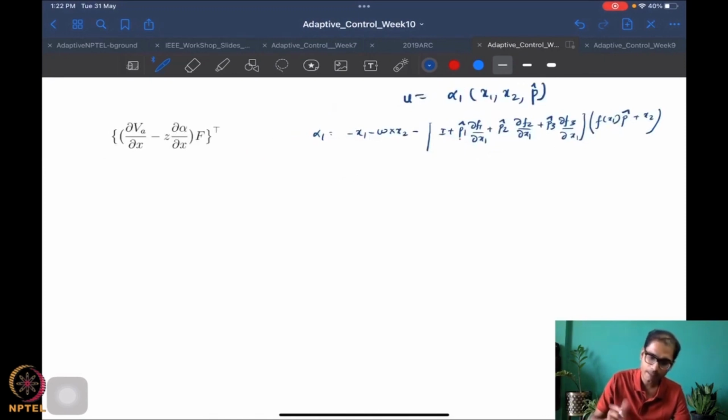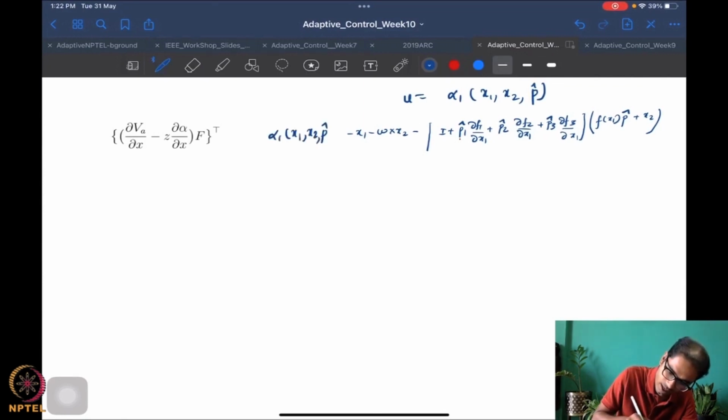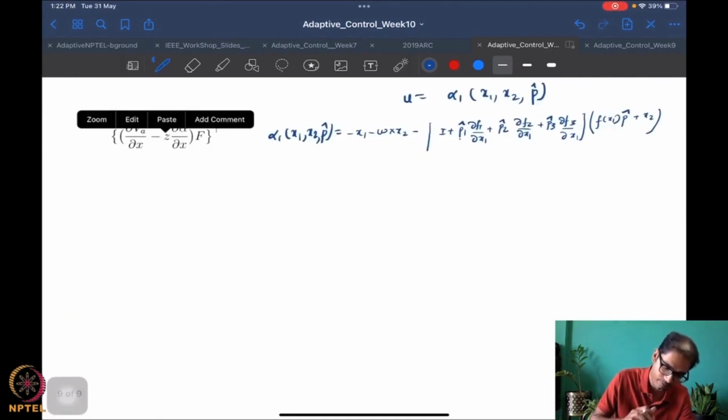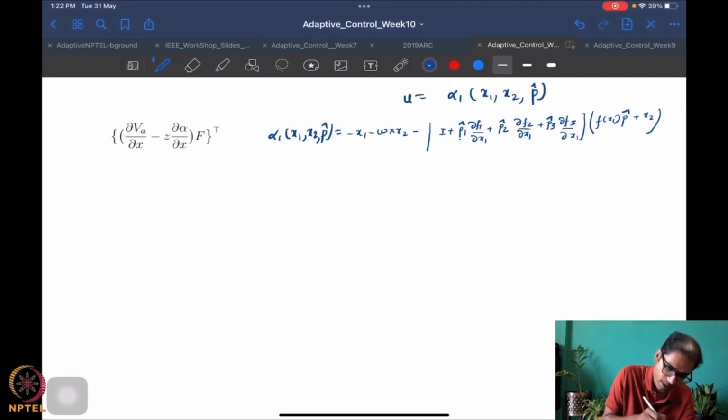This is my alpha 1 of x1, x2, p hat, and this is going to be my tau.